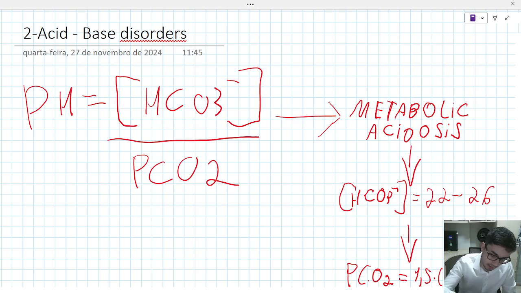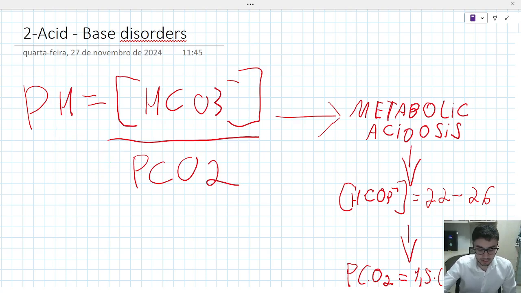We need to take a look again at the bicarb and the PCO2. If the bicarb goes up, the pH will go up. If the PCO2 goes up, the pH goes down, because there's an inverse proportion between these two.